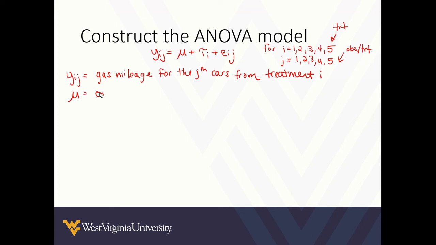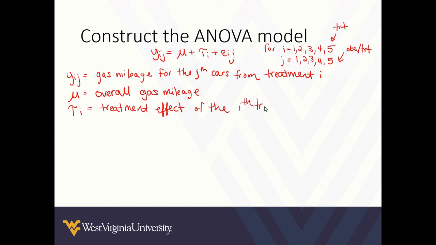Mu is our overall gas mileage. Tau i is the treatment effect of the ith treatment, so mu i minus mu.